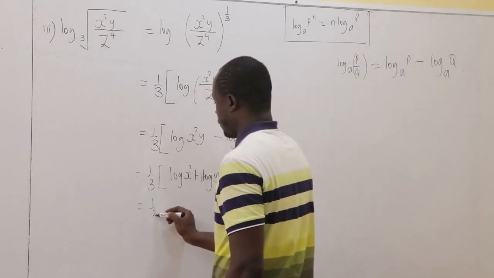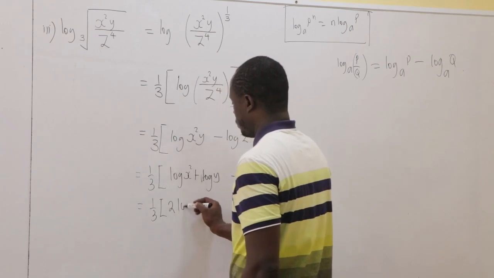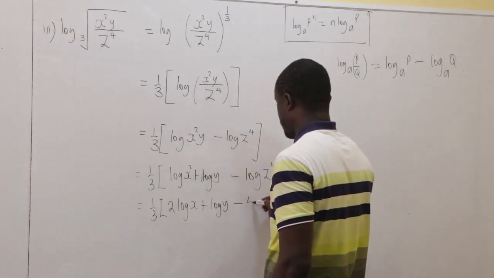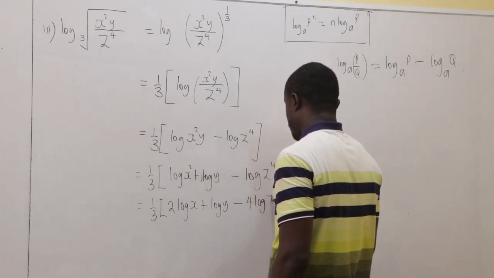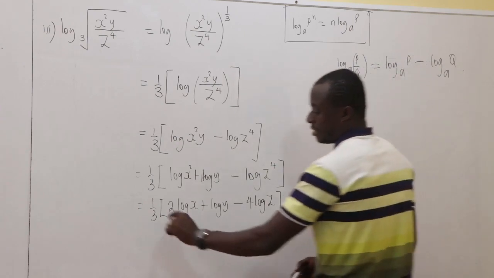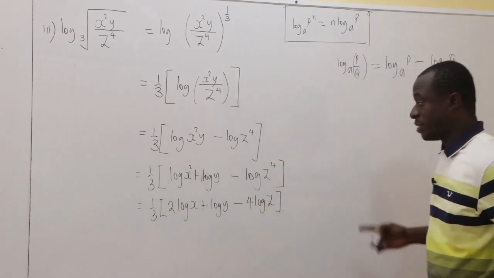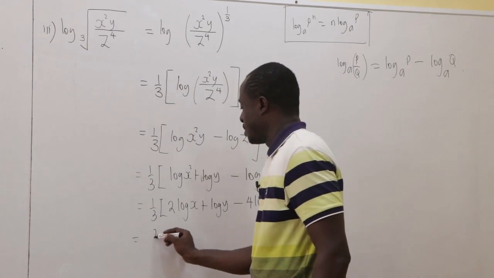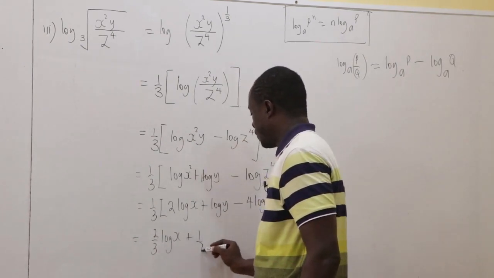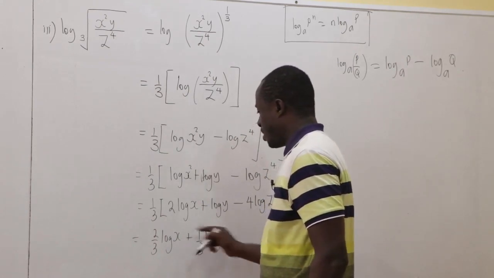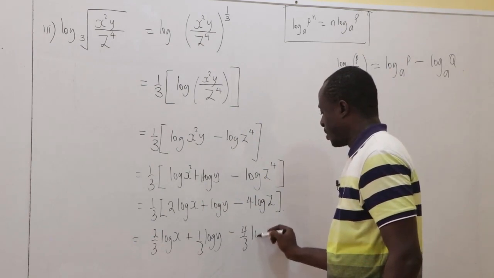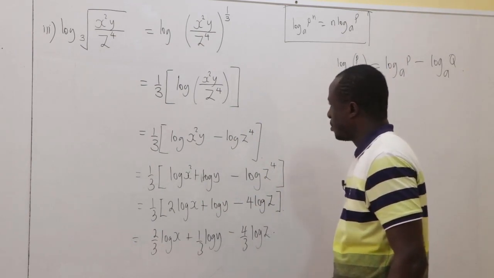So you have 1 over 3 of 2 log x plus log y minus 4 log z. Now if you like, we can let the 1 over 3 be here, or we can multiply through with the 1 over 3. So this is the same as 2 over 3 log x plus 1 over 3 log y, multiplying through with 1 over 3, minus 4 over 3 log z.